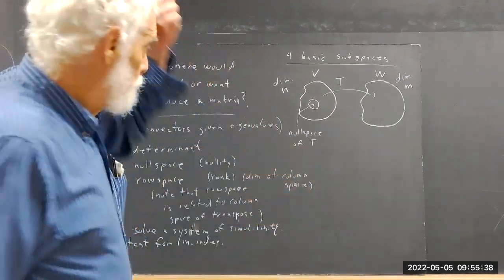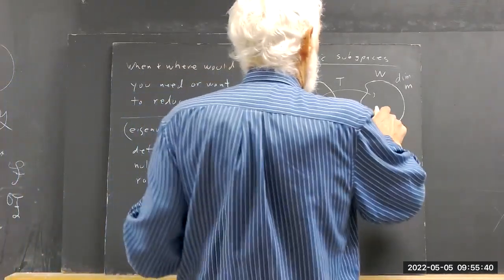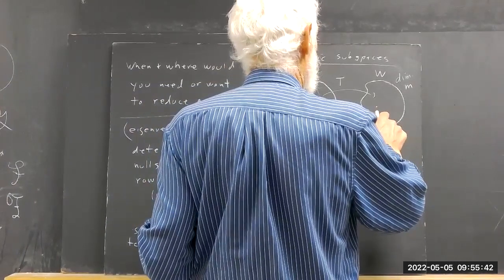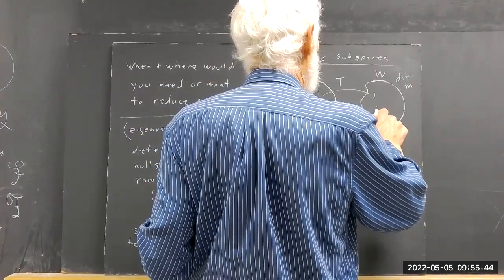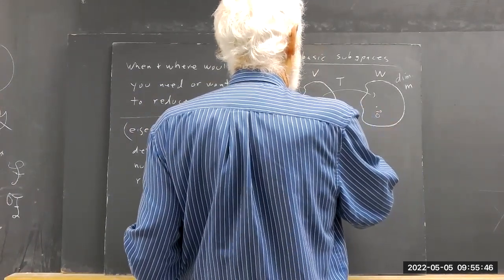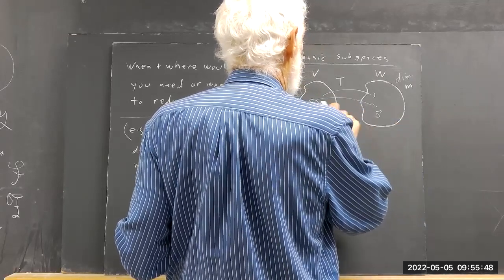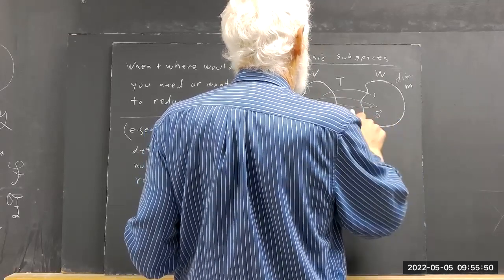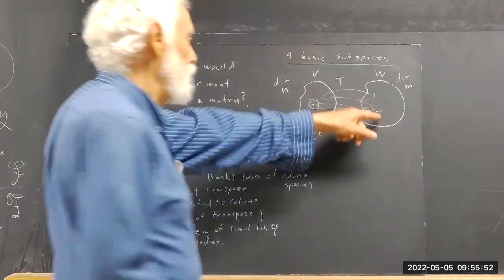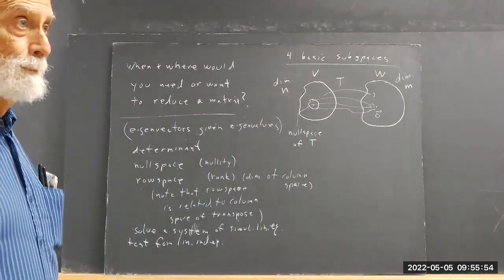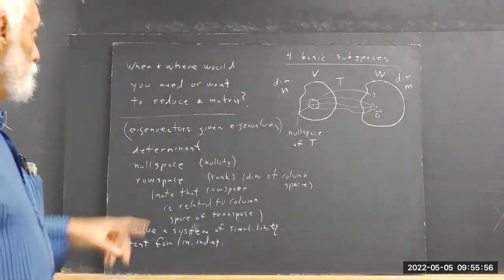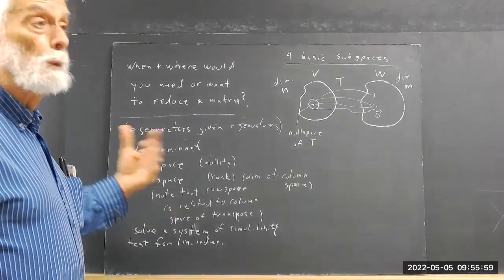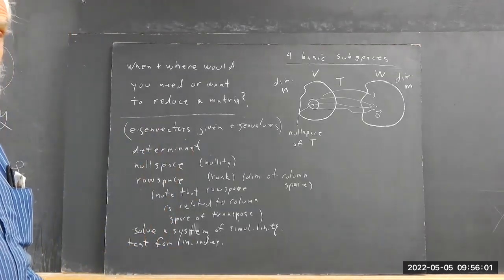And if you're drawing the picture, you want to have the 0 vector over here. And the whole null space gets mapped to the 0 vector, which tells you what matrix you better reduce, what homogeneous system you have.